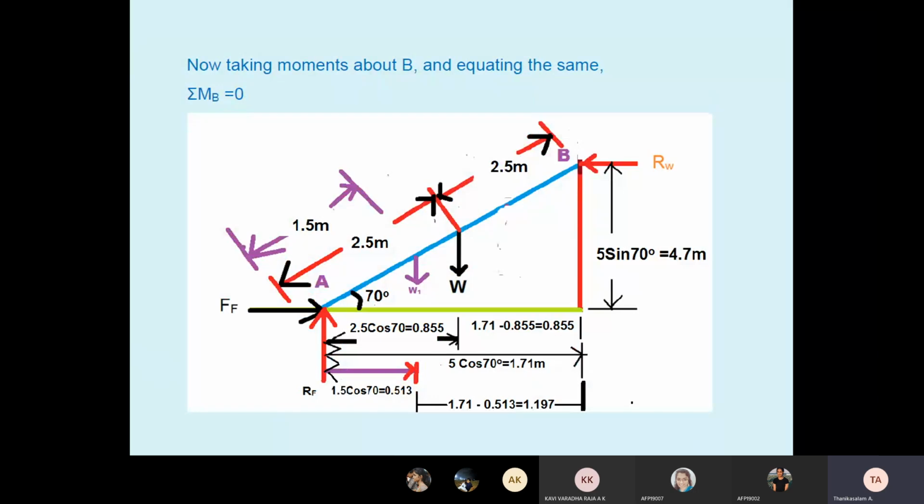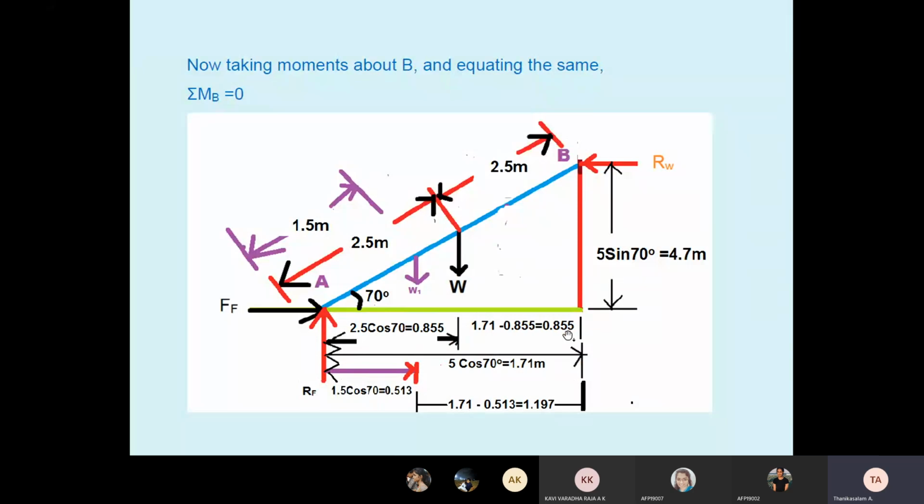Now take a moment again, the same point again with respect to B point. So I solved the other distance, the balance distance. See, here also the other distance we calculated. Already we calculated 0.855. So we know the total horizontal distance is 1.71, minus 0.85. See, these steps are not given in the book. For your exam you have to do everything, but I marked everything here for your understanding. So total horizontal is 1.71, but already we know 0.855.